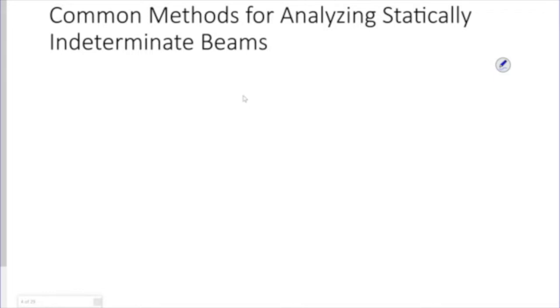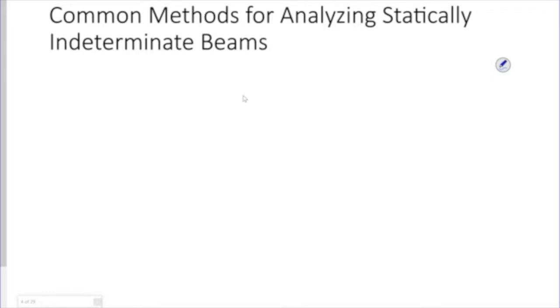I mean, ultimately, we're not going to be doing this by hand. So this is all just making sure that you understand the basics of different methods so that you can understand how computer programs work if you need to use them, right? If you don't understand the theory behind the computer tools that you're using, then you might not be able to use them correctly.